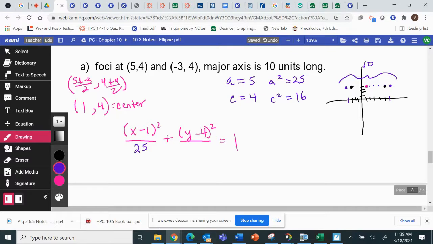But if I know a squared and c squared, I can say a squared minus b squared equals c squared. So 25, take away what number is 16? 9. So now I know my b squared is 9. It doesn't even matter that b is 3. I just need to define b squared. And I have my equation. That's it.